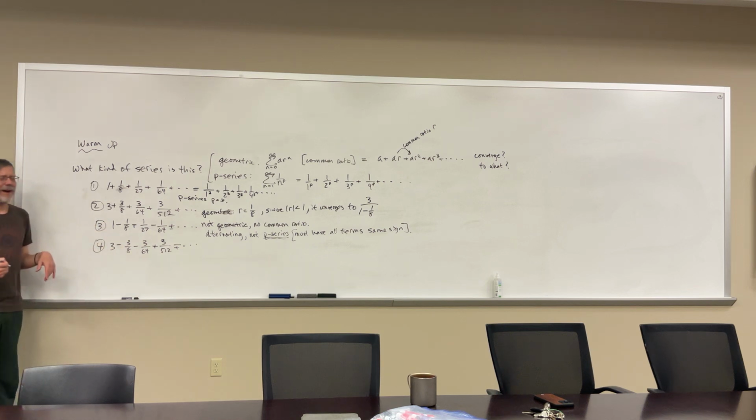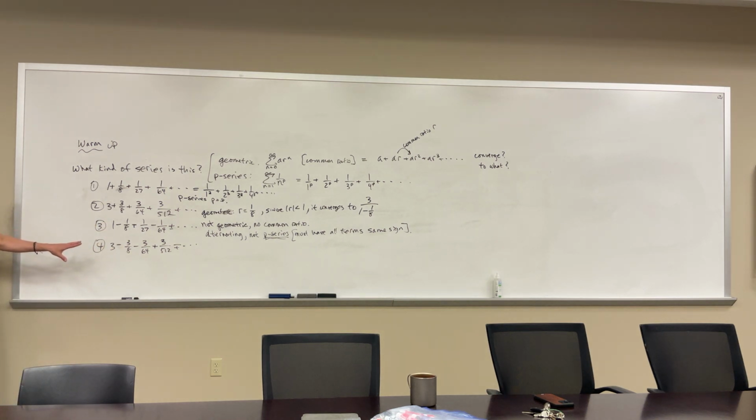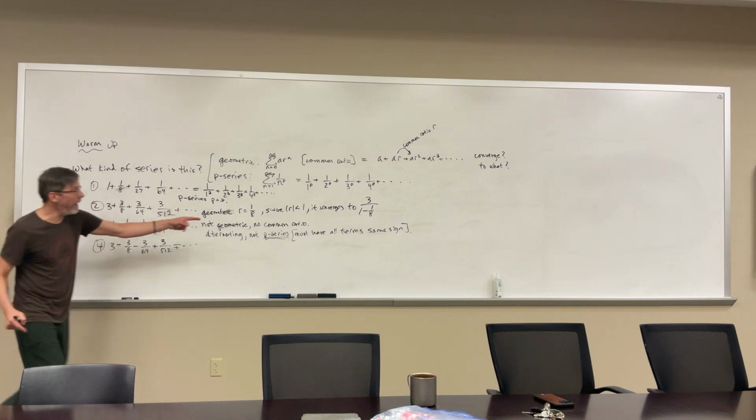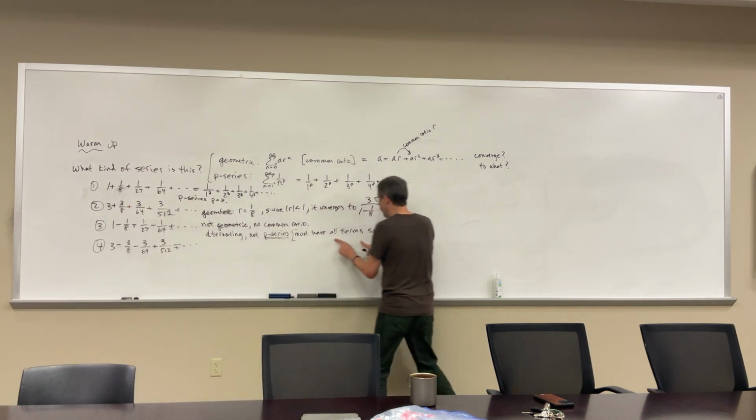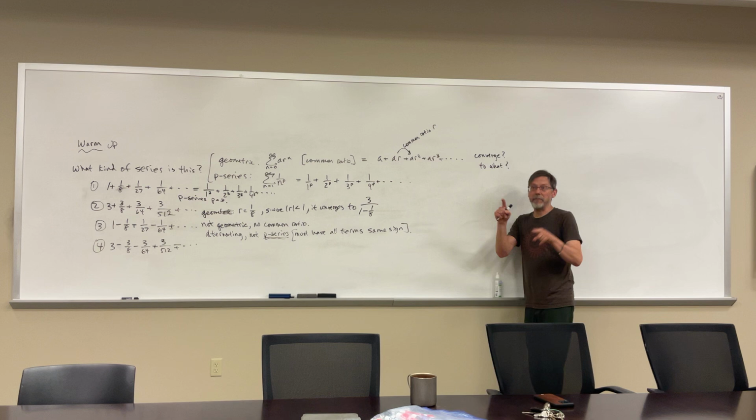Okay, cool, thank you. So this feels geometric, but it doesn't have that common ratio. Does everybody see that? This is not geometric. Is it a P series? It can't be for the same reason, because a P series must have all terms the same sign. We don't get that plus minus.